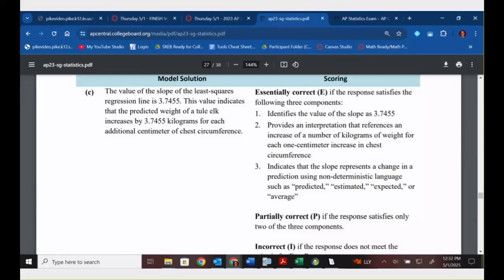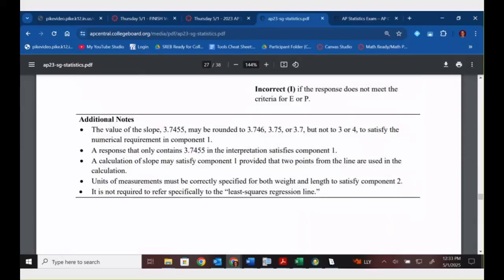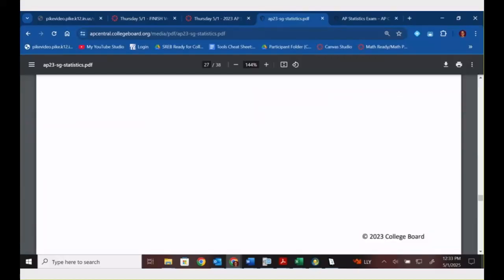If you have that 3.7455, I think that would be sufficient. If I remember correctly from grading this one, if you did not specifically say the slope is blah and then have your interpretation, I think it's okay. What they'd be looking for is, did you grab the right number as the slope for your interpretation, as opposed to grabbing the y-intercept or something else. So I think that would be okay.